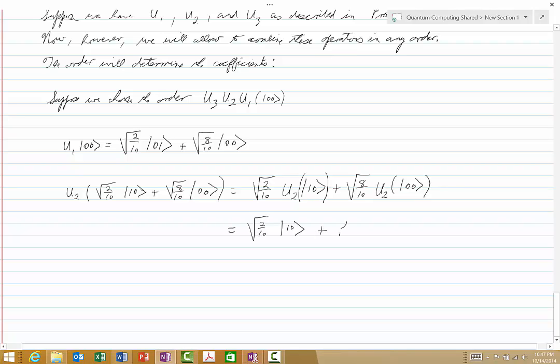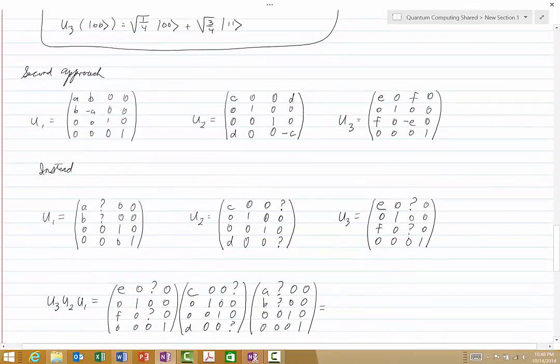Okay, we have square root of 8/10 and U2 of 0, 0, we're told, is equal to C 0, 0 plus D 1, 0, I believe.